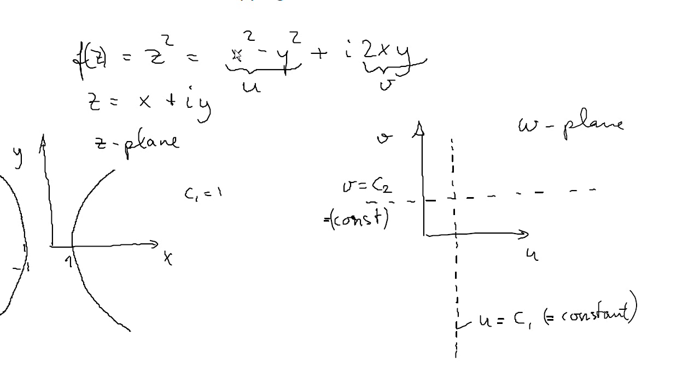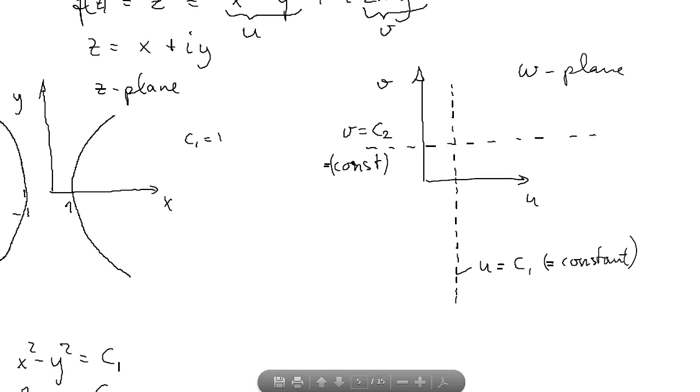And if we go to the expression, we know that u is equal to x squared minus y squared. So this should be equal to some constant. And to make this a constant is the same as describing a hyperbola. And this hyperbola corresponds to this vertical line.